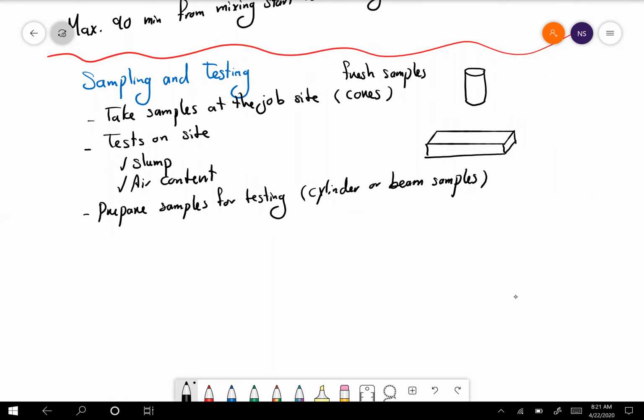You have the mold and you take the fresh concrete to the lab for future testing. All right.